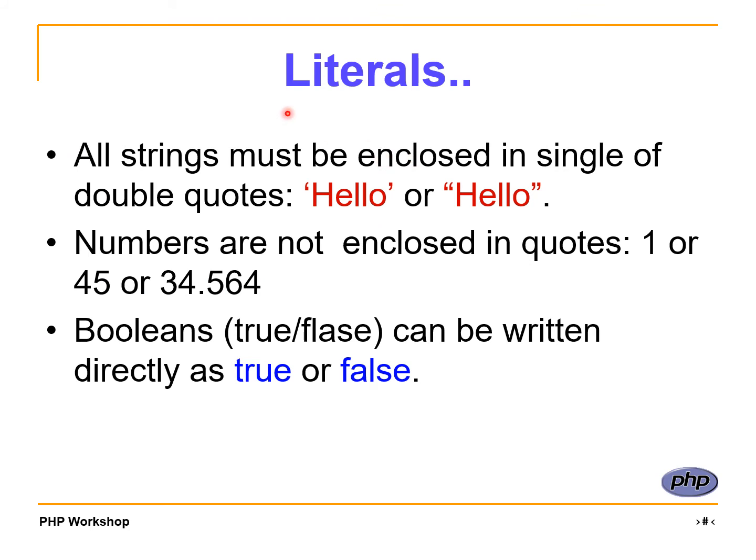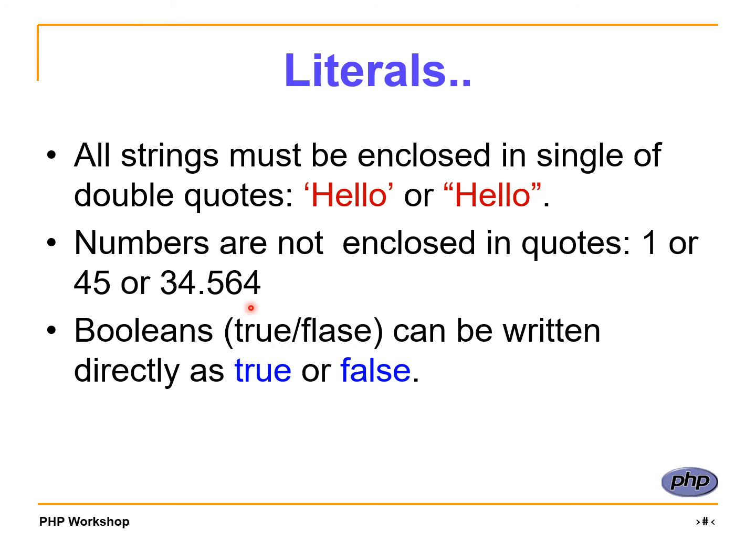Now let us see the literals in PHP. All strings must be enclosed in single or double quotes. In case of PHP, if you are specifying a string, we have to use either single quotes or double quotes for specifying string values. Numbers are not enclosed in quotes, like 1 or 45 or 34.564.